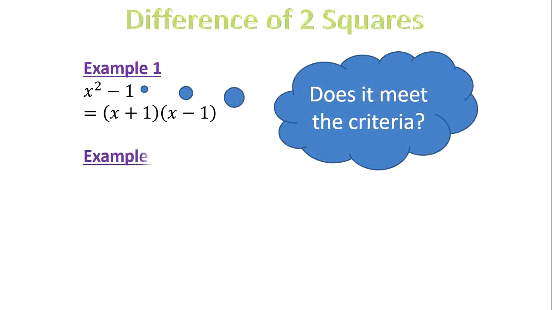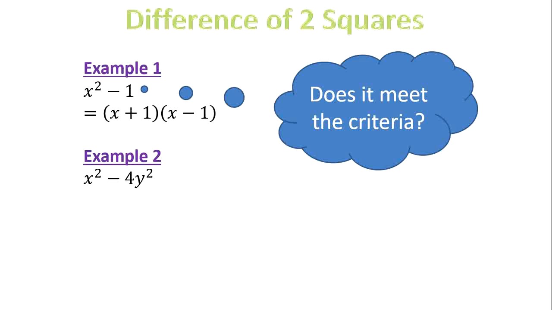Let's look at example 2. Here we have x squared minus 4y squared. And again we ask, does it meet our criteria? Well, it is a difference. There are two terms. From example 1 we've said x squared is a perfect square. Now we look at our second term. We have 4y squared.